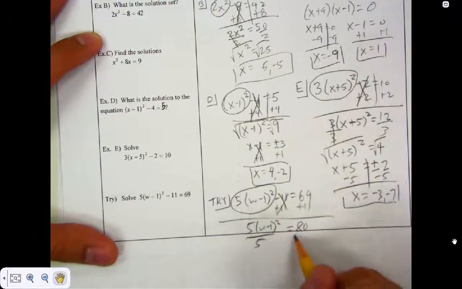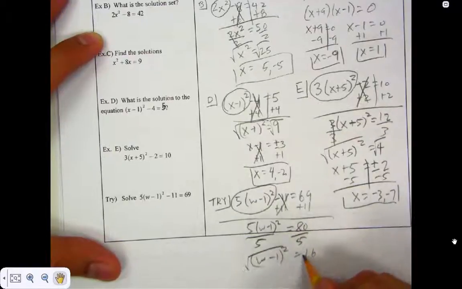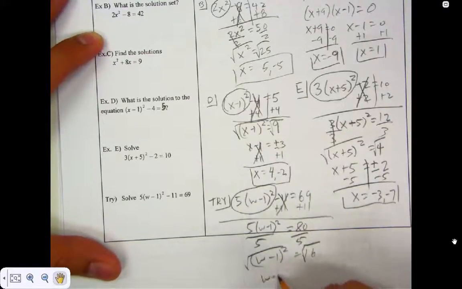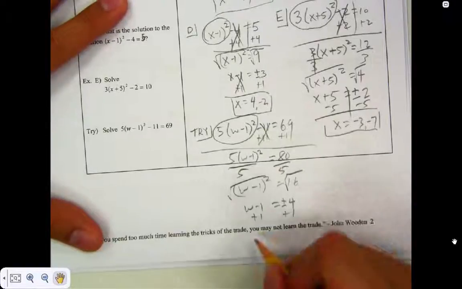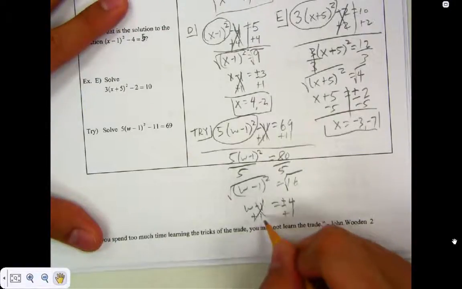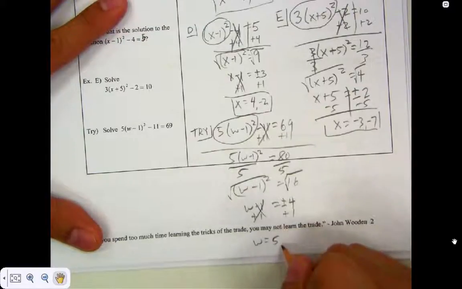Divide by 5. That'll give you 16. Take the square root on both sides. Square root of 16 is 4, plus or minus. Add 1. So w equals positive 4 plus 1 is 5. Negative 4 plus 1 is negative 3.